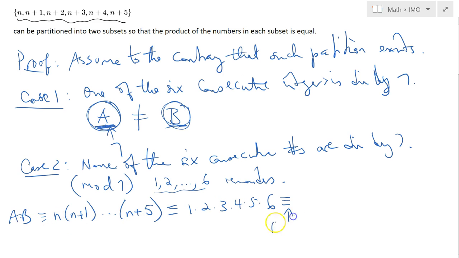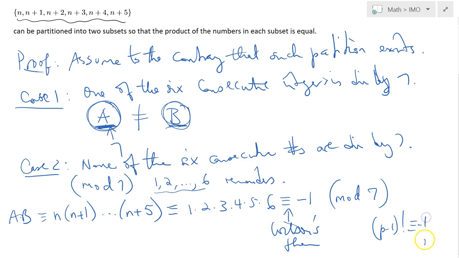And by Wilson's theorem, we know that this is simply equal to minus 1 in mod 7, right? Remember Wilson's theorem saying (p minus 1) factorial is congruent to minus 1 in mod p, where p is prime. But for A and B being equal, it would mean that we should have a square, right?